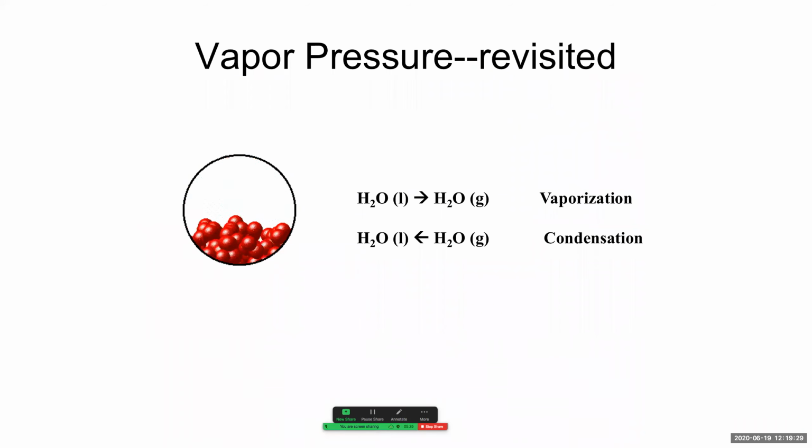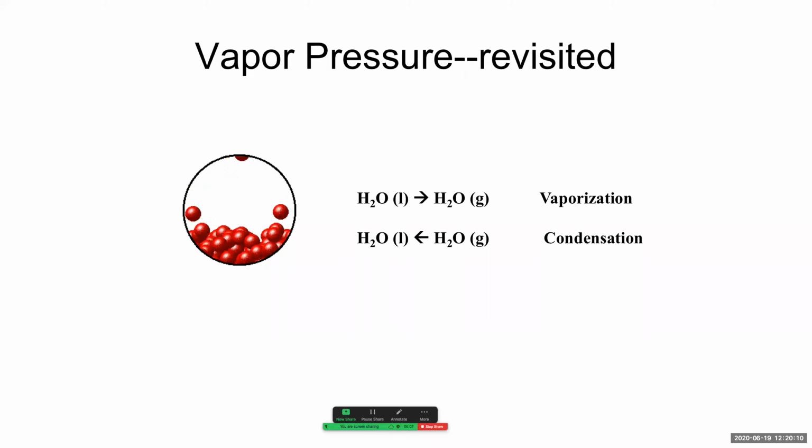Another steady state that occurs chemically is when you put a liquid in a closed container and you establish a vapor pressure. The vapor pressure is caused by the pressure of the gas molecules inside that container. For that to occur, you have to have an equilibrium between the vapor phase and the condensed phase, so the evaporation has to be occurring as quickly as condensation. Initially, when you close a container, the pressure is atmospheric pressure.